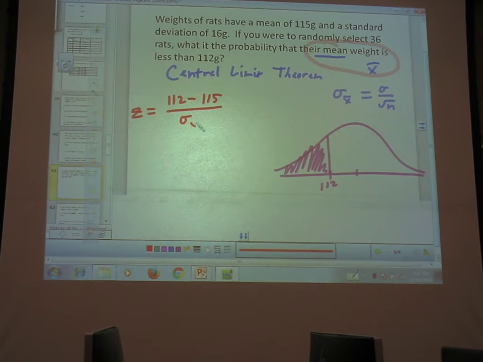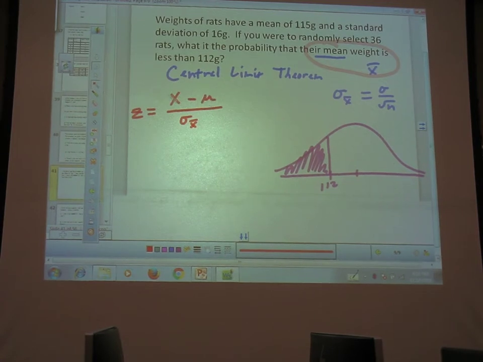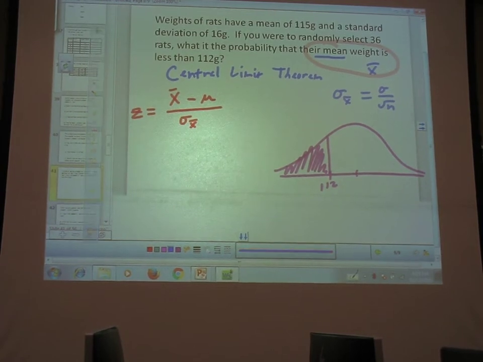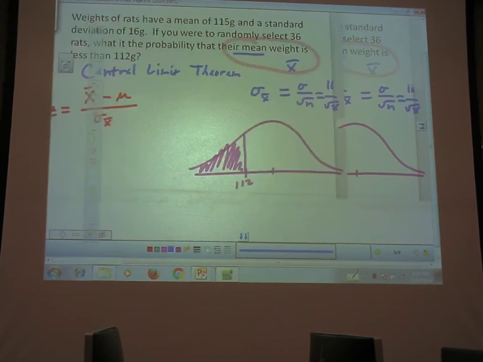Actually it's x bar minus mu. So what's my sigma x bar? It's going to be 16 over the square root of 36, which you said was 2.67.